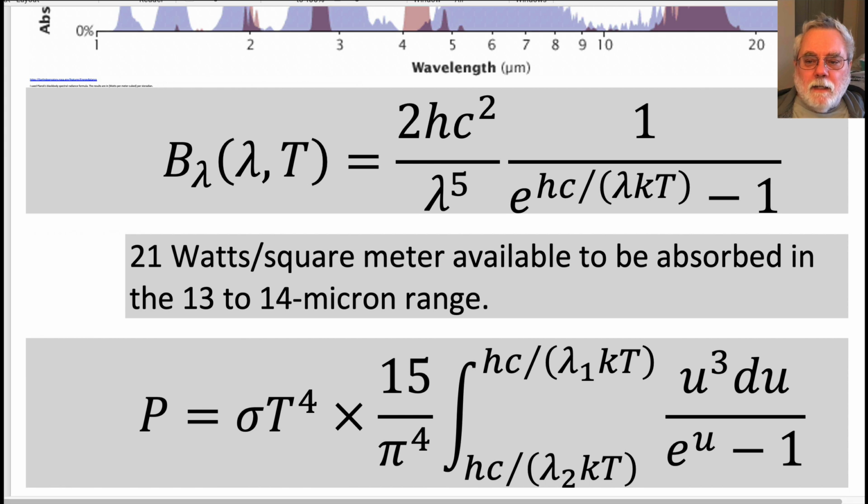Say that the carbon dioxide absorbs half of this power, thermalizes the energy across the spectrum, and then emits half of that toward Earth's surface in transparent window wavelengths.